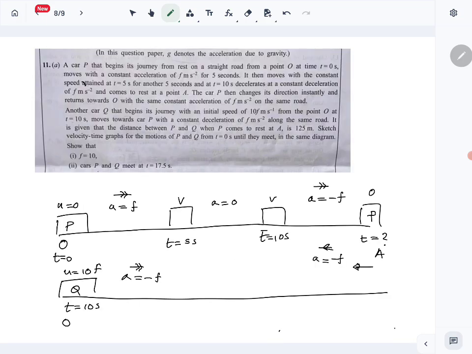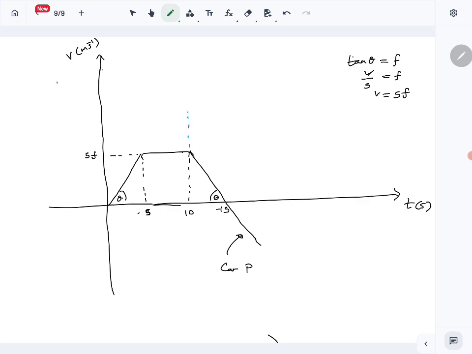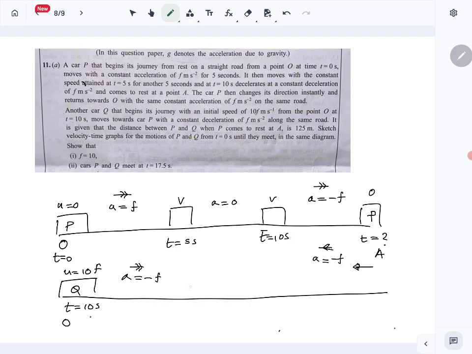Then let's look at car Q. Car Q starts with 10f speed at 10 seconds. Let's use a different color. So at 10 seconds the speed is 10f. And it also goes with deceleration f or acceleration minus f.